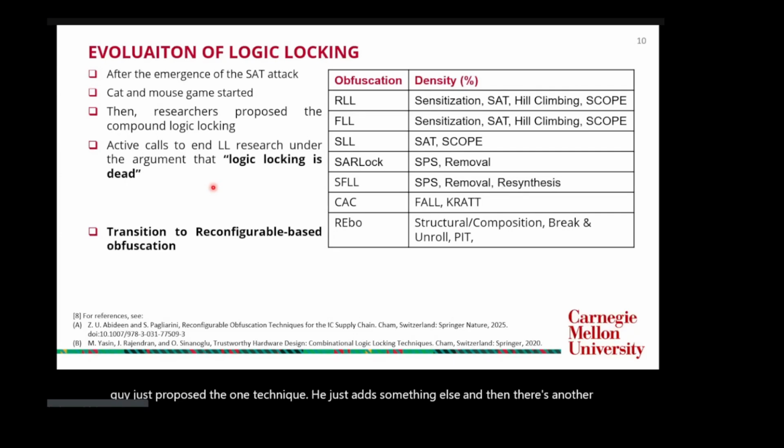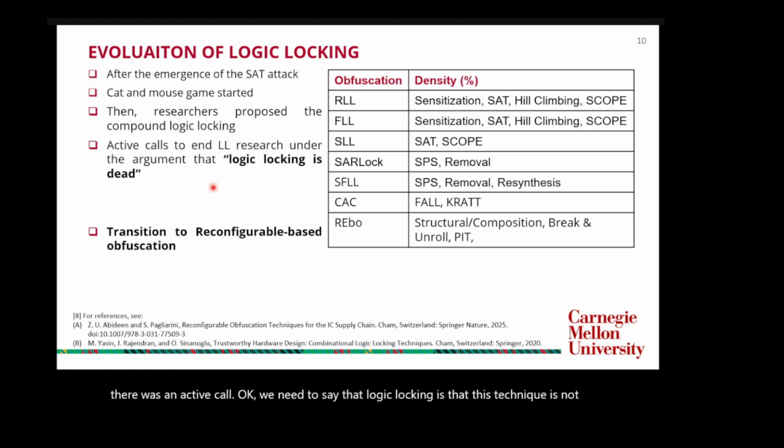The defense agency here in the United States funded this project for more than a decade, and then they realized that this is not a useful approach, although it was used in different instruments. So there was an active call: we need to say that this logic locking technique is not working, and we need to find another way.